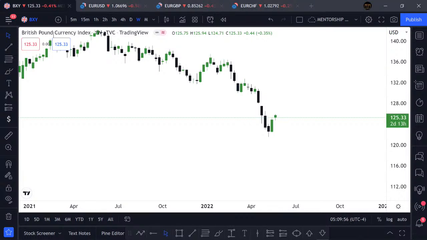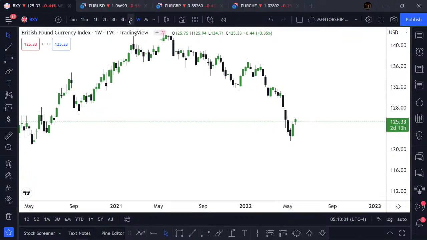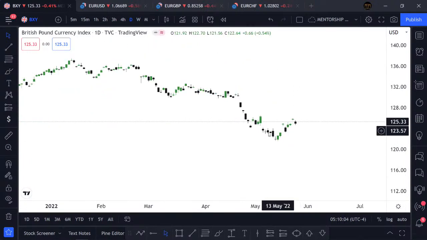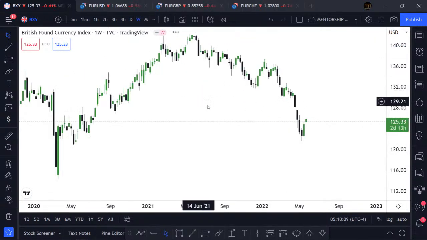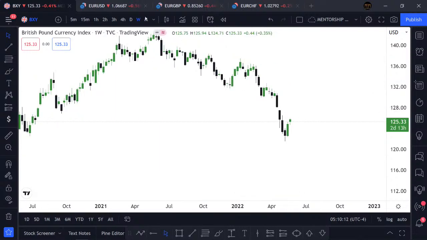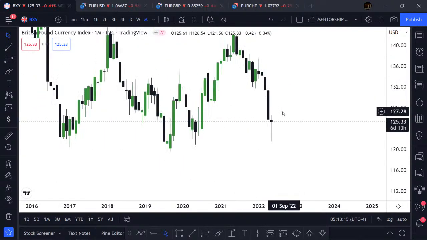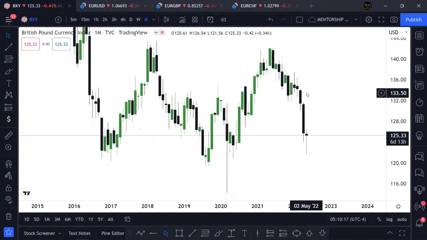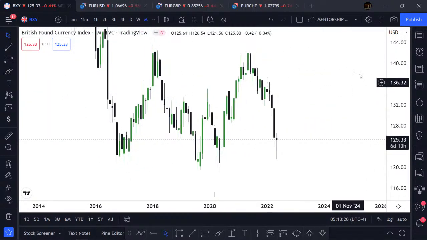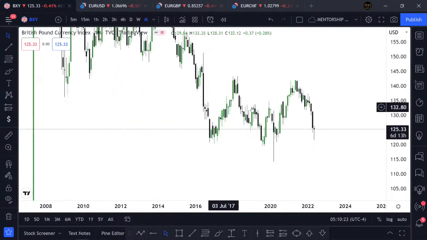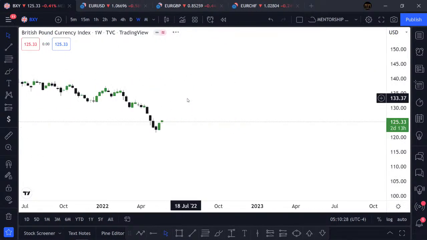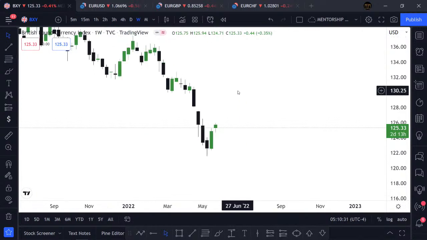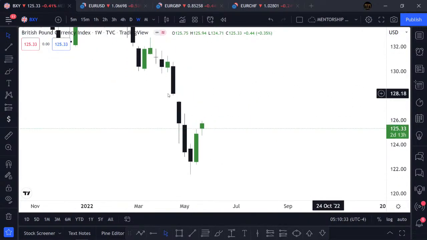Okay, so I've actually used a weekly chart here because a daily chart was a bit confusing. It doesn't contain all the details that I want. So I've decided to use a weekly or maybe a monthly for more analysis. So this is a monthly chart on the pound index. Let's use a weekly. I'll show you what I'll be looking for before going short on pound pairs.